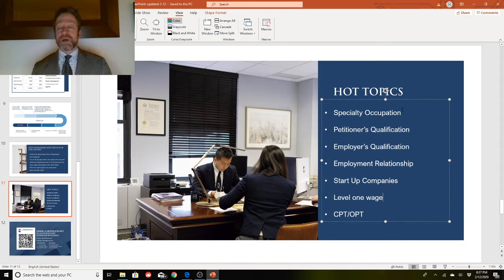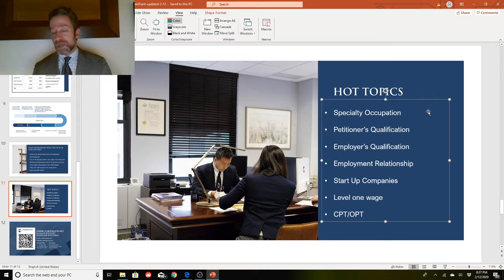All right, another area of scrutiny is specialty occupation. As I said earlier, the Immigration Service wants to see a close relationship between the job and the applicant's education. One of the easiest cases is accountant.